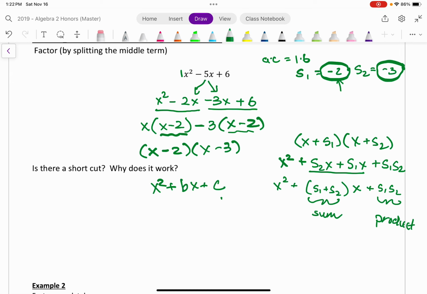I'm finding factors of c with some b, like that. And therefore, the factors of c that will add up and give me b will just be the two split values where I multiplied them out here on the side.